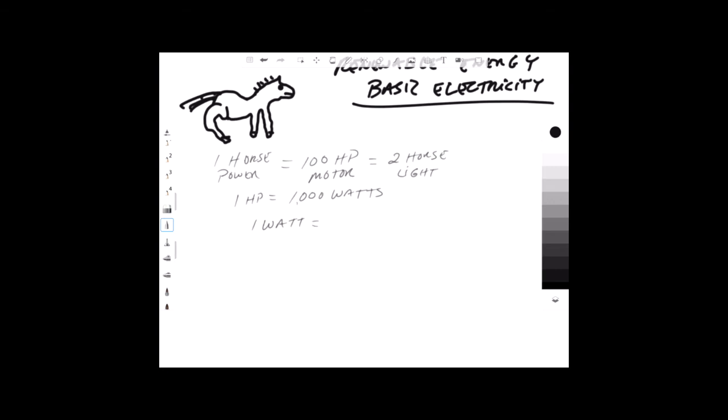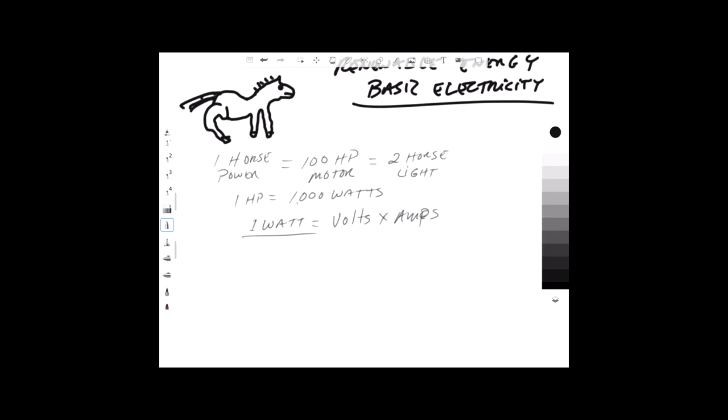So if we say the volts times the amps equals watts, we can take these numbers here and find out what our watts are when we work in electricity.